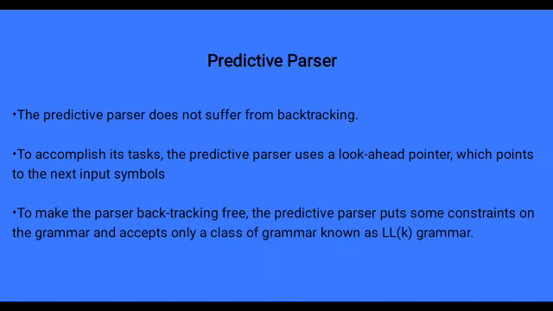The predictive parser does not suffer from backtracking. There is no option in the predictive parser to go backtracking. To accomplish its task, the predictive parser uses a look ahead pointer which points to the next input symbol, and LL(k) is the grammar for this predictive parser.